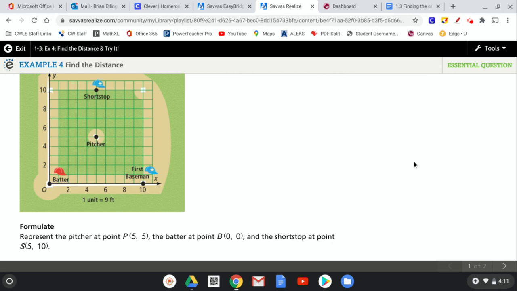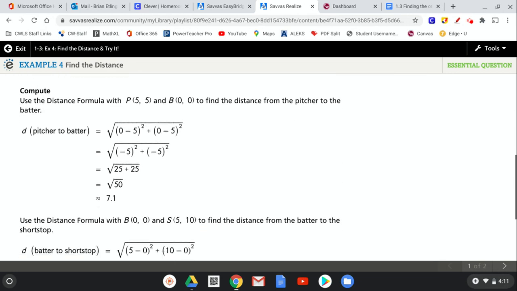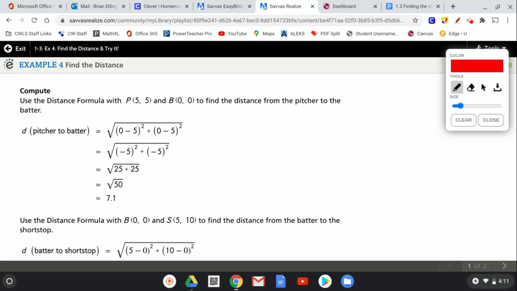All right. So we're going to move on and figure out that distance 1, okay, from the pitcher to the batter. So when we do that, we have our x1 and y1 that we're going to want to plug in. So x1, y1, x2, y2, okay? All we have to do is plug in our values for x1 and y1.